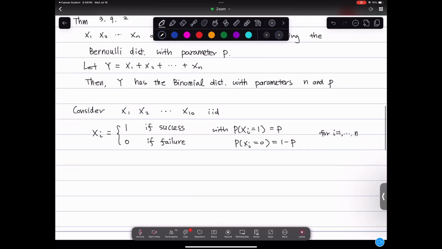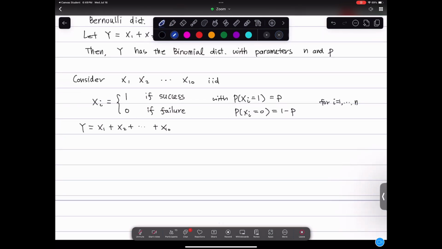So Y is the sum of these random variables, up to X10. I want to do this conceptually, not mathematically. I have an item, and that item is either success or failure. Success means it's defective, and failure means not defective.